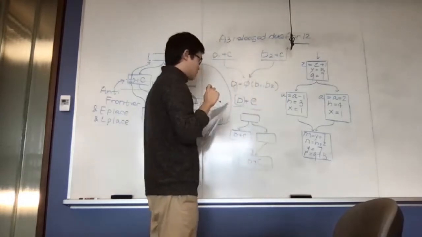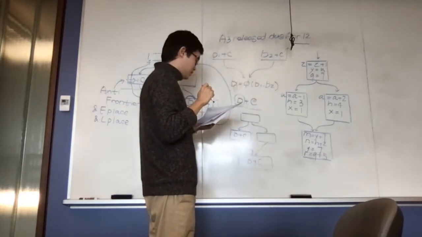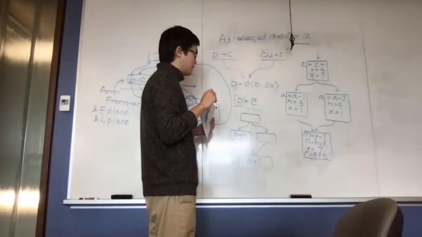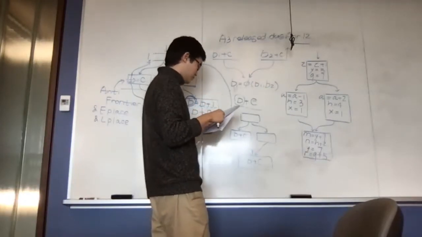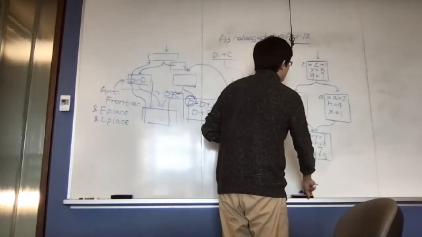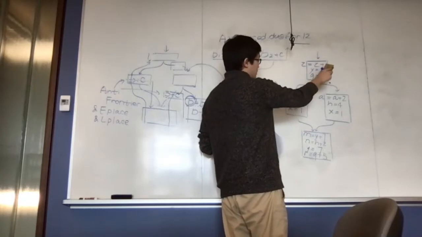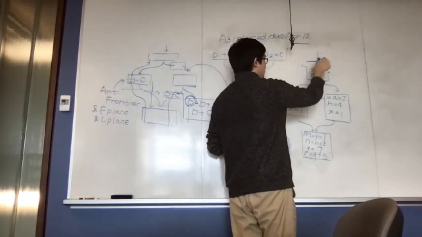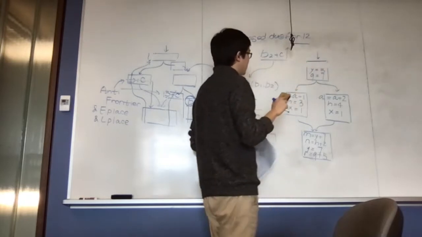Let us start by eliminating the instructions that are not loop invariant. Clearly z is equal to z plus 1 is not loop invariant here, so we eliminate this instruction.